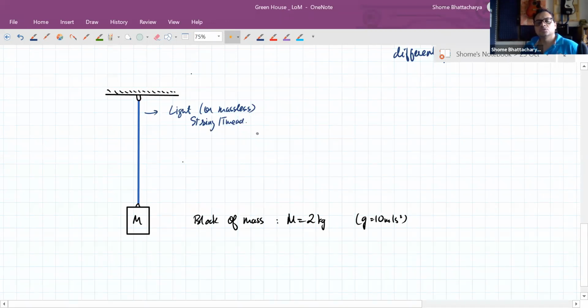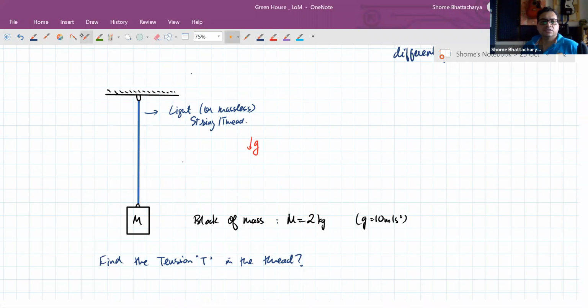Given that this is in the vertical position, we have to find the tension T in the thread, how much tension it develops.